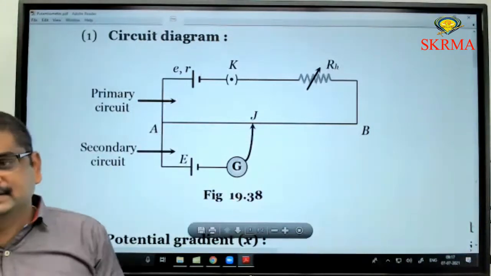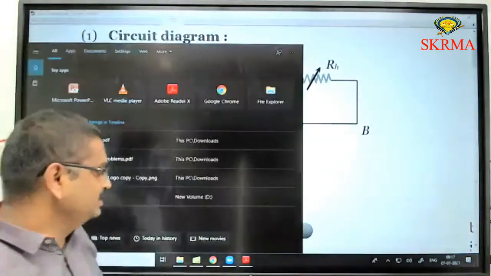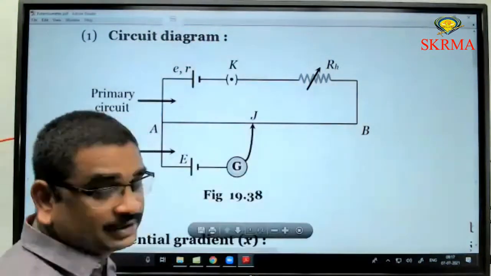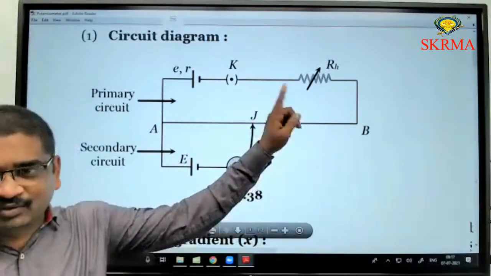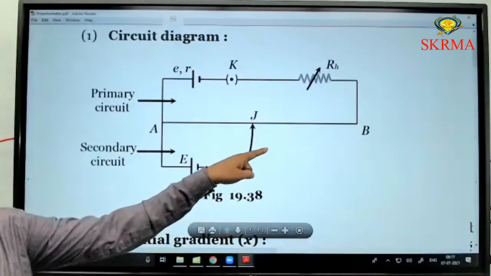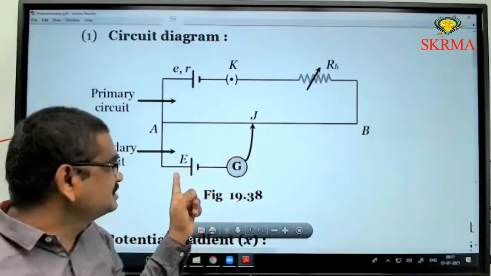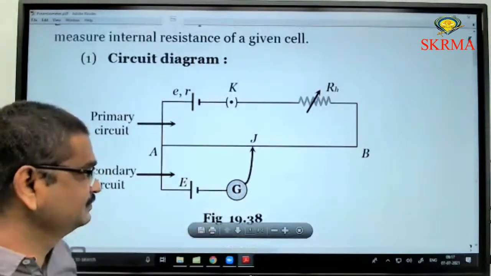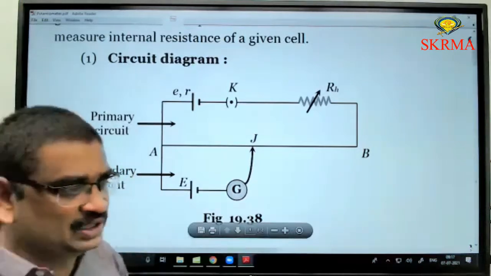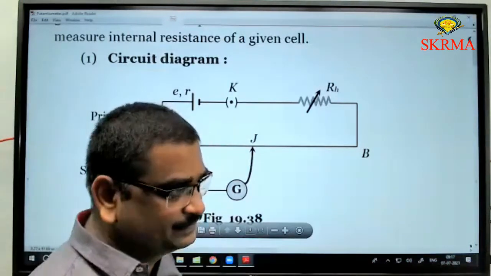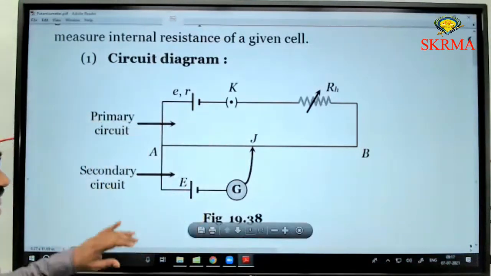These are the main differences between the meter bridge and the potentiometer. The wire length is more than 1 meter compared to the meter bridge, and an external cell also needs to be connected here. The remaining part is the same as the previous one. Is this clear? Next one.